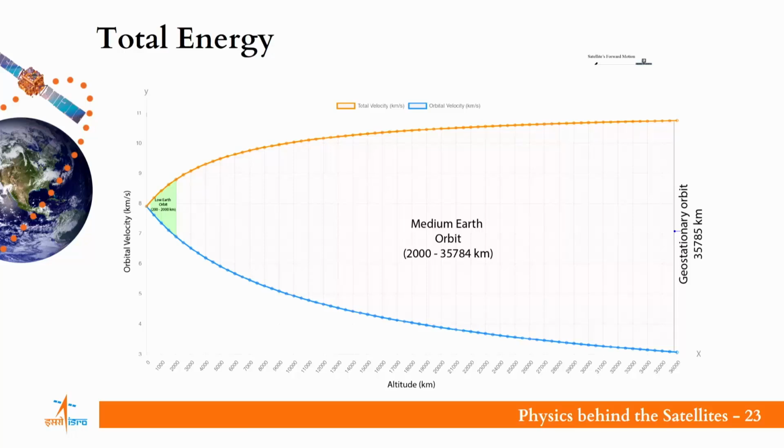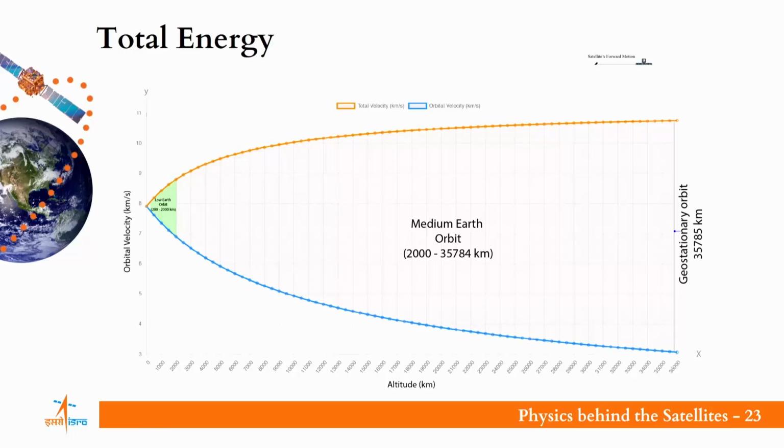Middle Earth orbits lie between 8,000 km and 35,780 km in height. So VO to stably be in a middle Earth orbit should be from 6.9 km per second to 3.075 km per second, and VT to reach there should be from 8.804 km per second to 10.755 km per second.